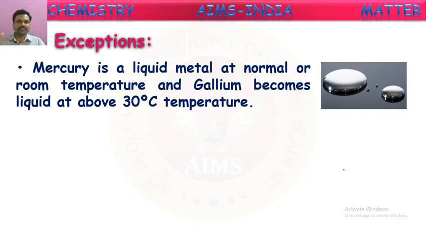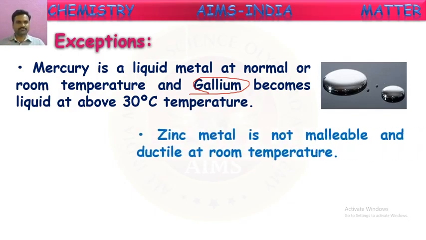Almost all the remaining metals are in the solid state. If you increase the temperature to above 30 degrees Celsius, then one more metal will come into liquid state. That is gallium, which converts into liquid at very low temperatures, just above 30 degrees Celsius. So these two are exceptions.